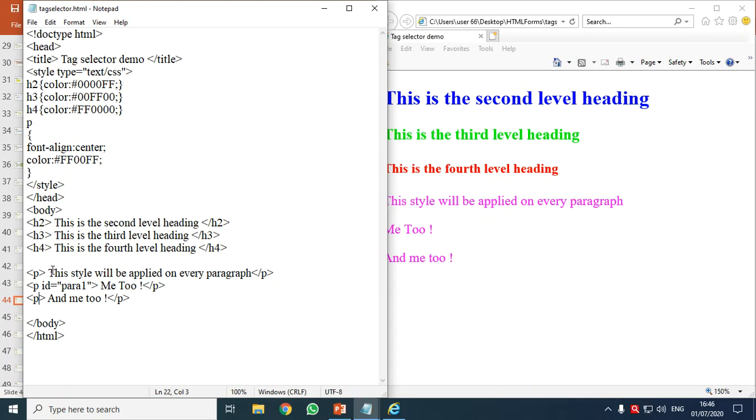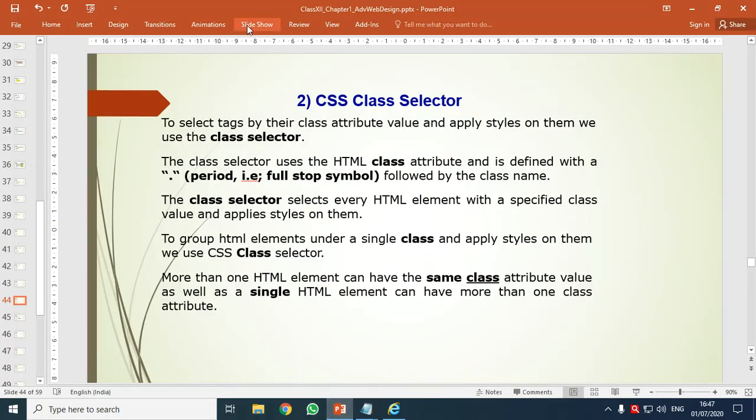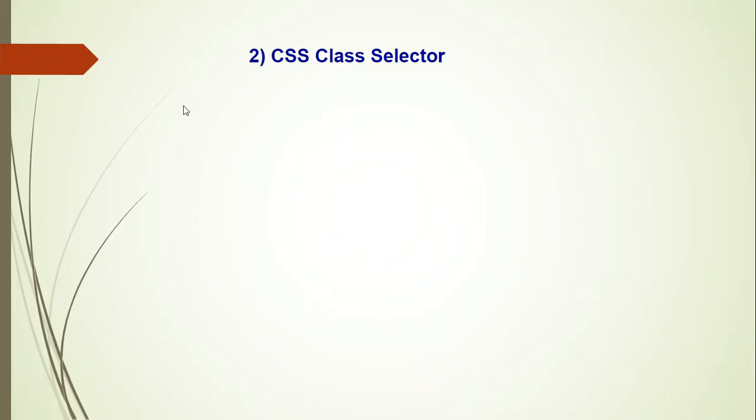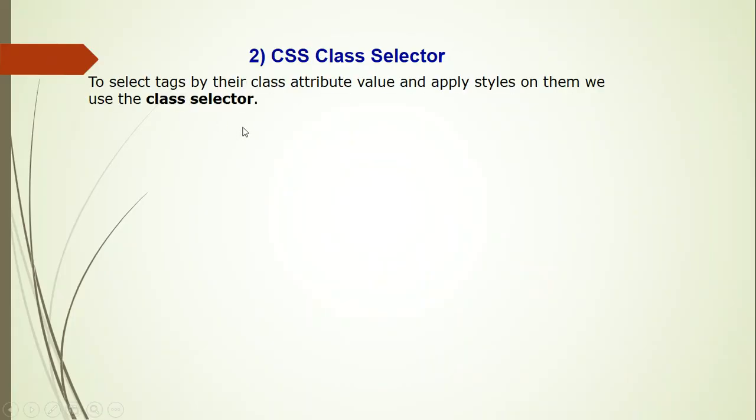So our class selector is used to specify a style for a group of elements. And it will use the HTML class attribute and will be defined with a dot, that is a period. Okay, so we'll go slowly and understand one by one.